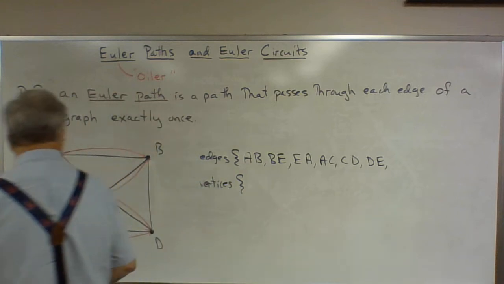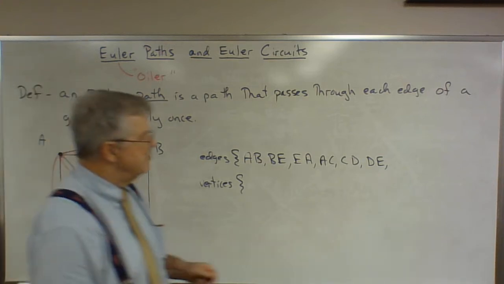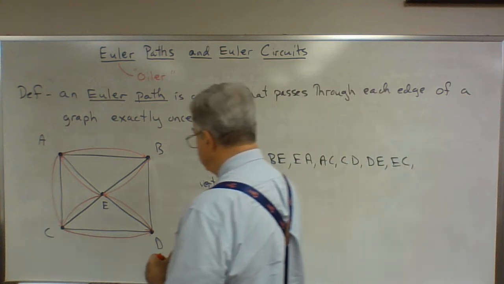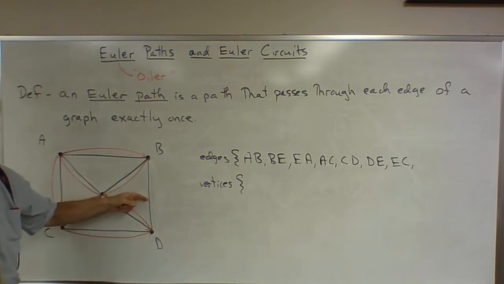And there's only one way I can go now. There's only one edge connected to E that I haven't traveled on, so I have to go on this edge from E to C. And I'm stuck. I can't leave vertex C without traveling on an edge that I've already traveled on, and yet I haven't covered this edge yet.